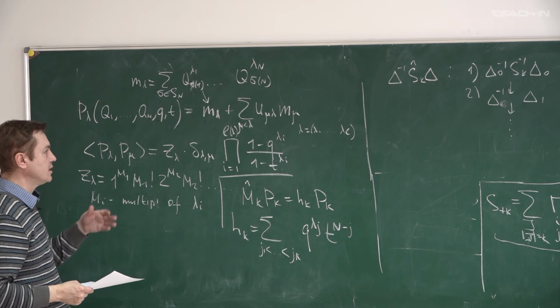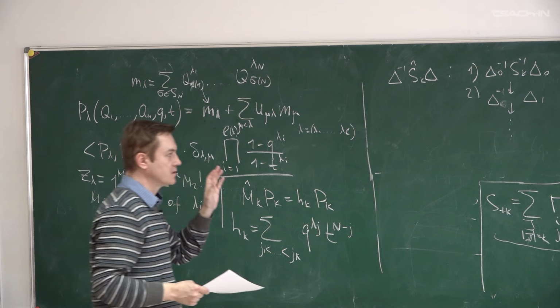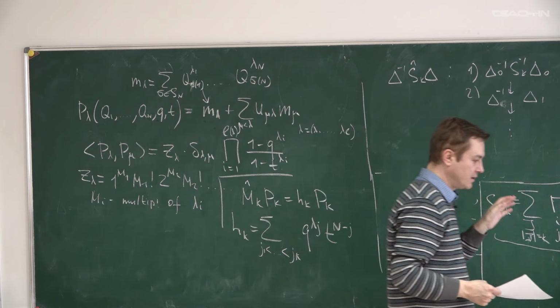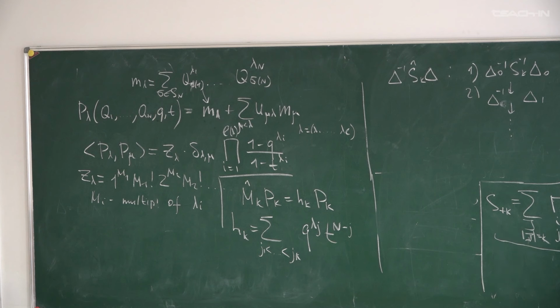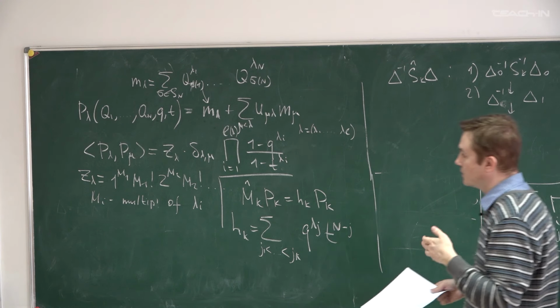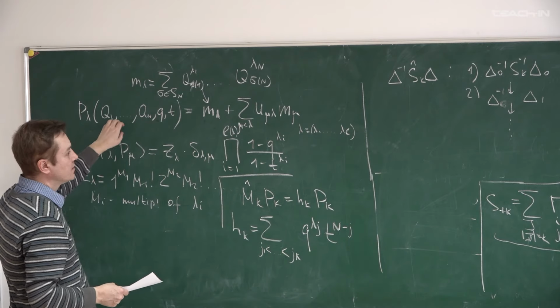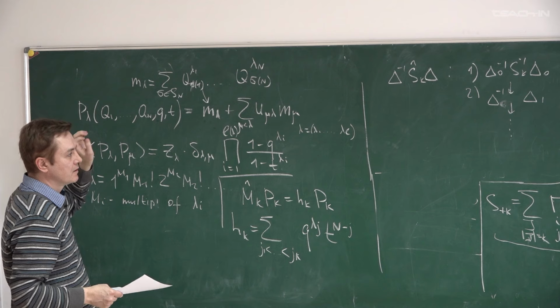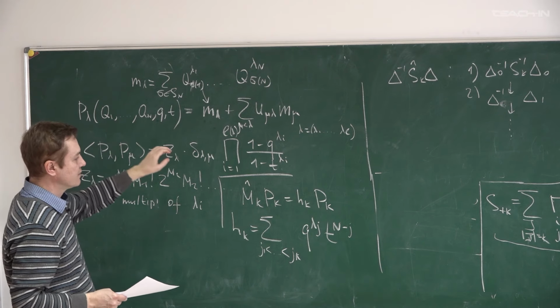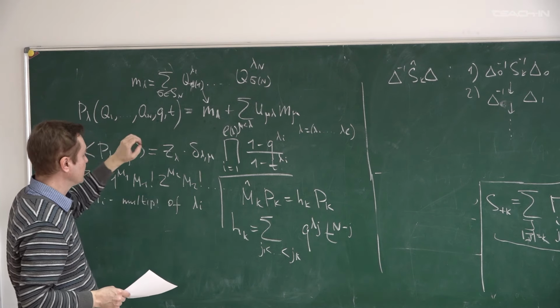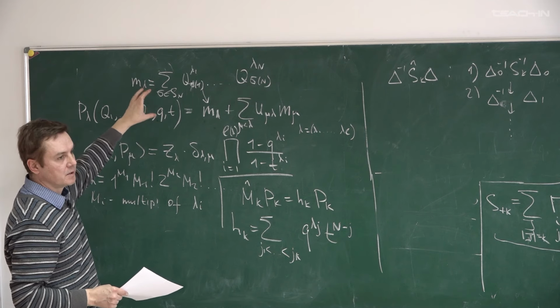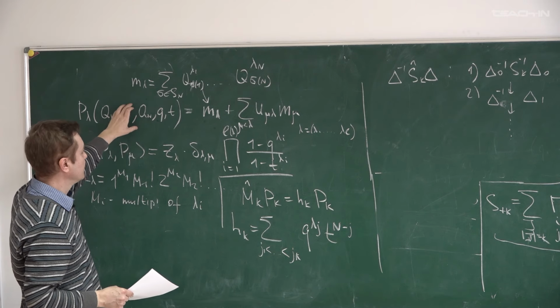So you may try to find it step by step, likewise we did it in the case of the Calogero-Moser model. But the final answer is formulated as follows: if you are looking for polynomial solutions to the eigenvalue problem, then these polynomials are represented in this way.